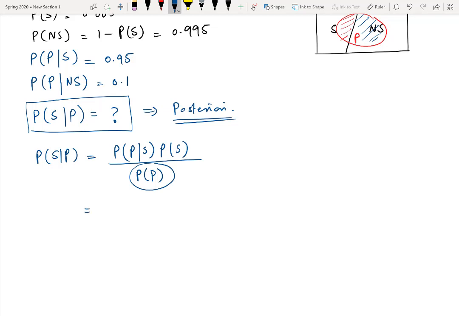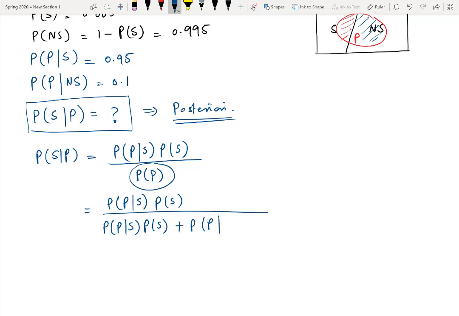So we can also write it as the probability of P given S into the probability of S, divided by, in the denominator, using the theorem on total probability, the probability of P given S into the probability of S plus the probability of P given NS into the probability of NS. Because we have two mutually exclusive events, in the denominator we have two terms. Now you can simply substitute the values.